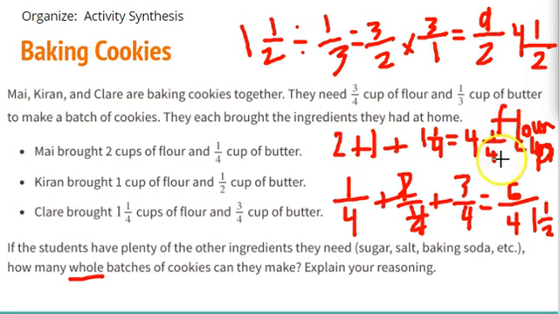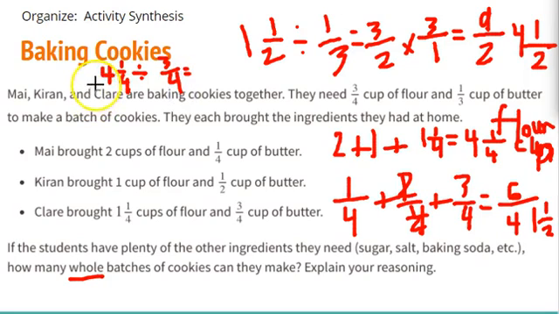Now, as long as the flour has enough to make 4 1/2 batches, then we can say 4 total, right? Because it wants to know whole batches. So what about the other here? We've got 4 1/4. We need to divide it by 3/4 here.